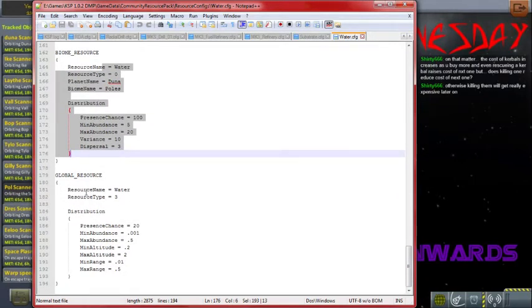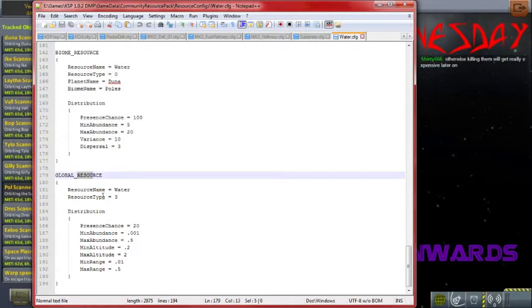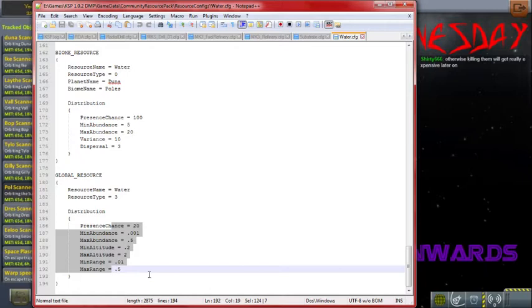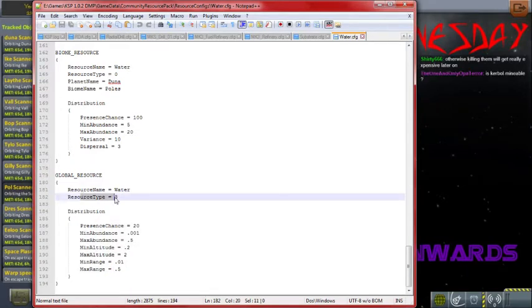But also, global resource again, that's the old config, which both me and Shirty will probably be cringing at by now. But it's type 3.